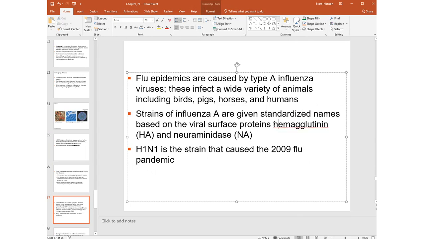So the hemagglutinins, the HAs, or the neuraminidase, the NAs. And neuraminidase is actually a type of enzyme, and anything that ends in -ase generally is some sort of enzyme, just as a good rule of thumb, like the reverse transcriptase that we looked at a few slides ago. So H1N1 then is the influenza A strain that caused the 2009 pandemic.